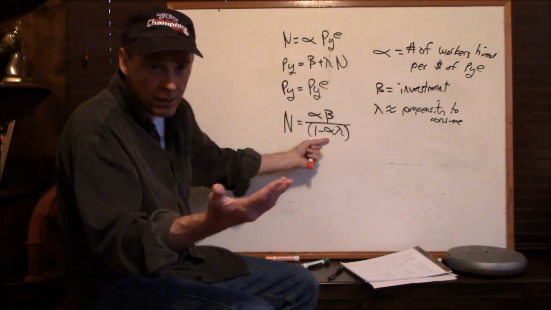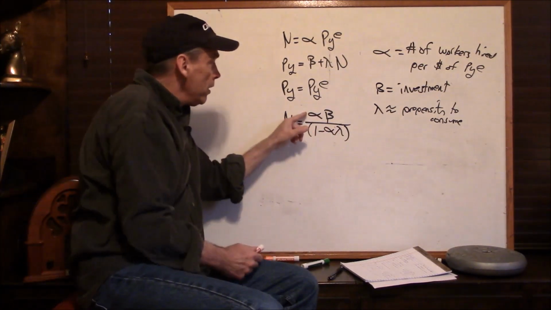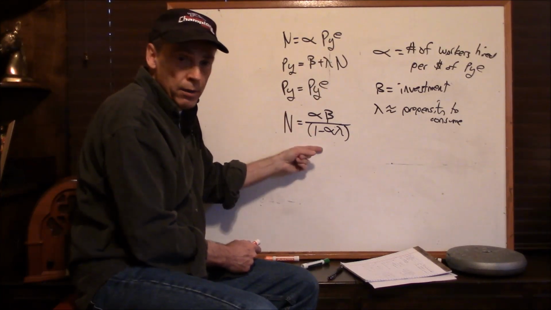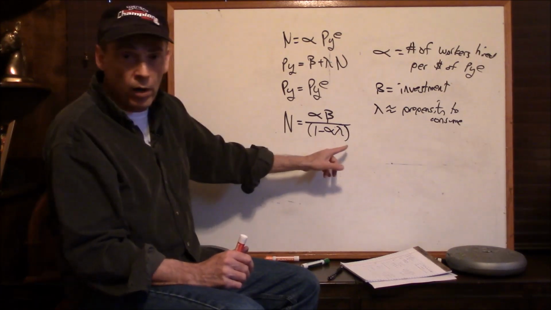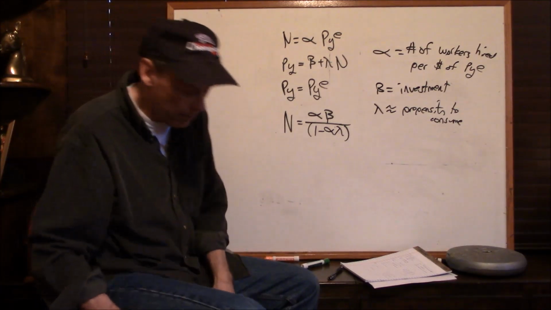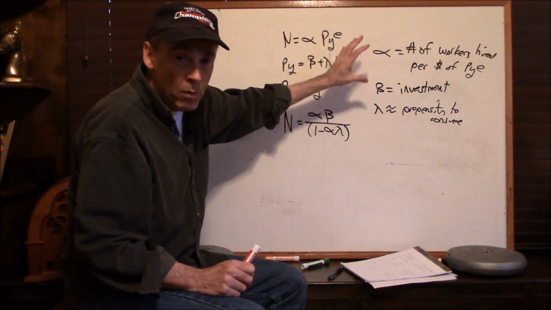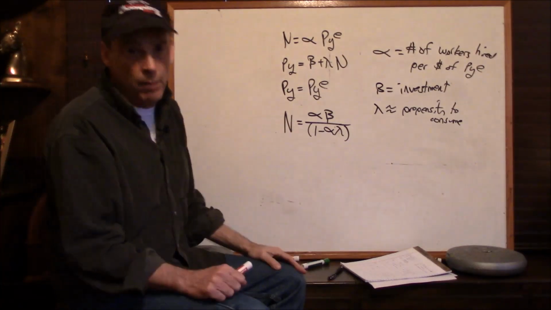If alpha rises, the numerator gets larger and the denominator gets smaller, so long as it doesn't become equal to 1 or larger than 1, which we'll talk about in just a second. So when alpha rises, when the number of workers a firm would be willing to hire per dollar of sales goes up, employment goes up, exactly as we would expect.